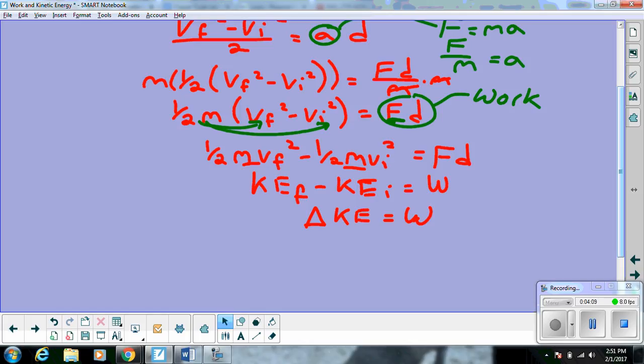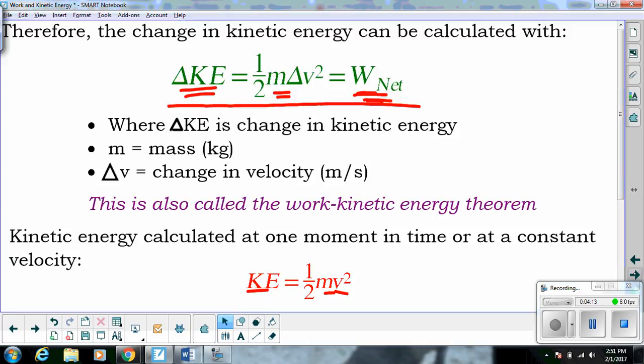Let's see how this plays out in a work-kinetic energy problem. Before we get there, these are two expressions that you should write down. Change in kinetic energy is going to be equal to 1/2 times the mass of the object times the change in velocity squared, which is also going to be equal to the total net work done in the system.